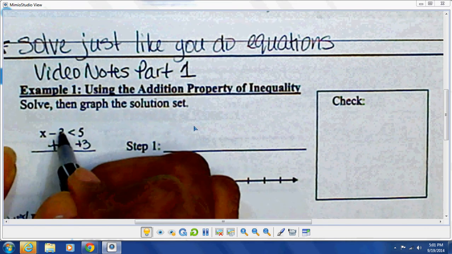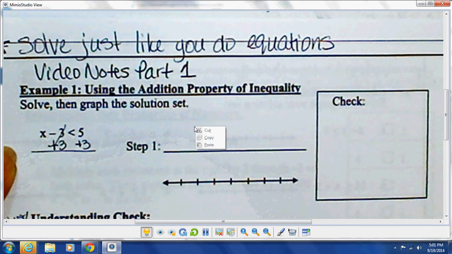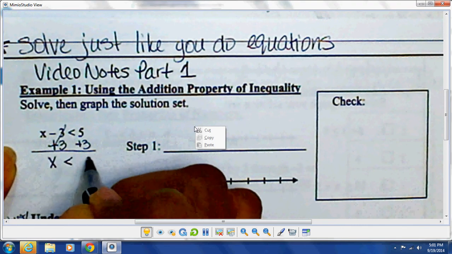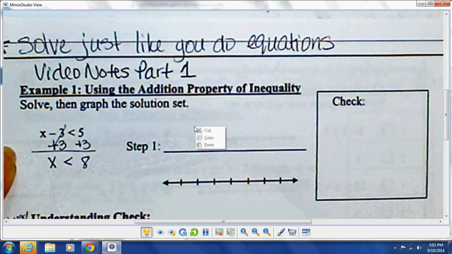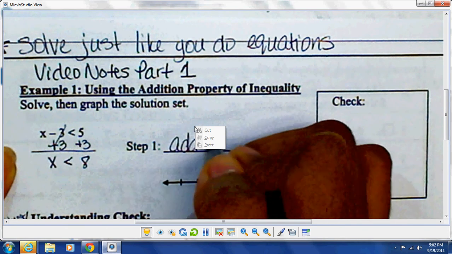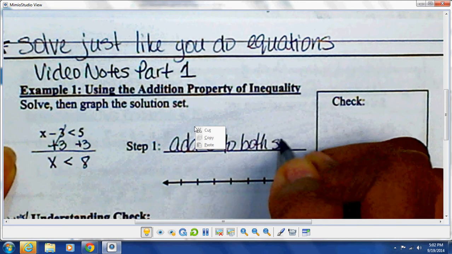So the 3's cancel, and that leaves you with x is less than 8. So what we did in step 1 was add 3 to both sides.